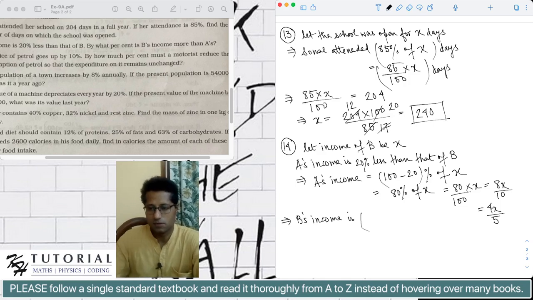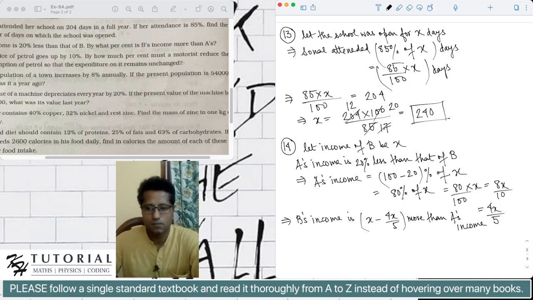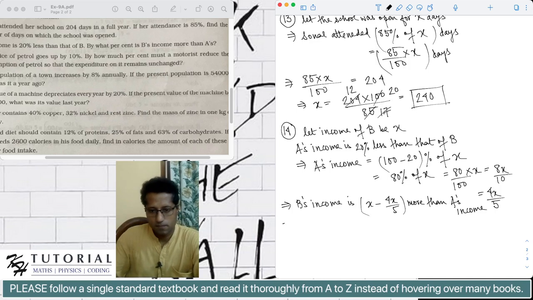So how much is B's income more than A? So B's income is X minus 4X by 5 more than A's income. So this implies B's income is X minus 4X by 5, which is X by 5, more than A's income.